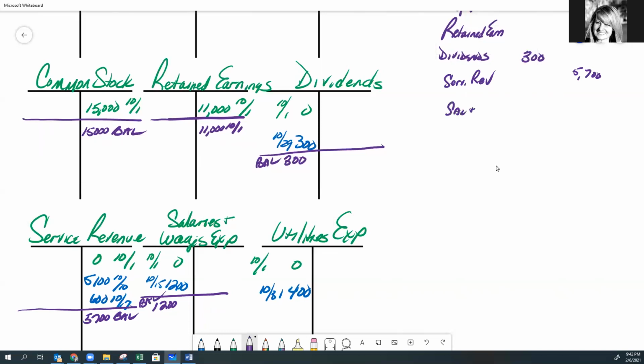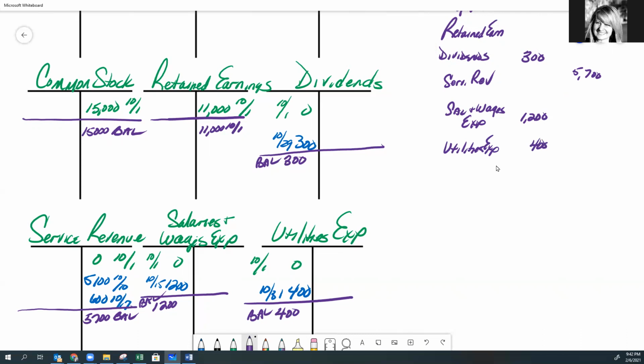So I'm just going to abbreviate here. Debit balance of 1,200. And our utilities expense has a debit balance of 400. And those are the normal balances of our expenses, right? Okay, utilities expense 400. Now for the moment of truth.